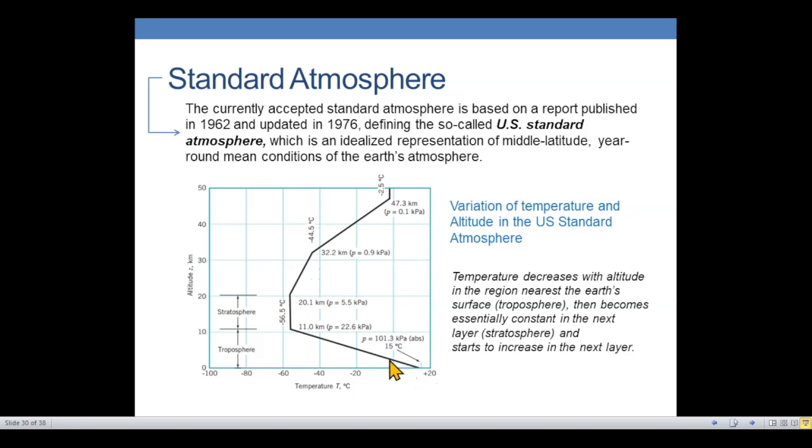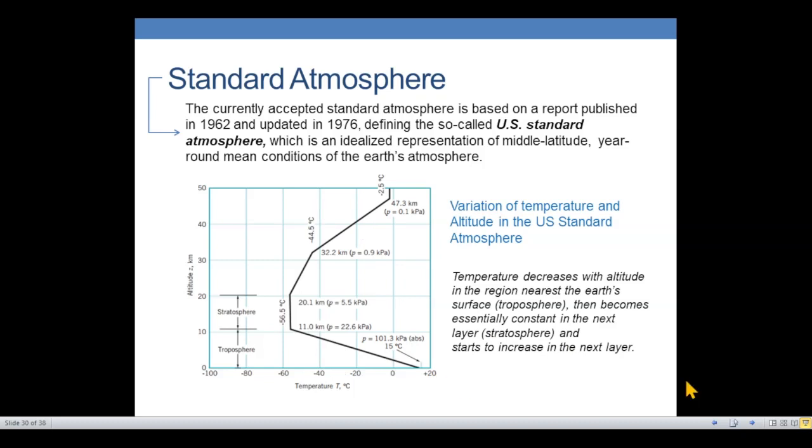At the stratosphere, it remains constant, and as it moves from 20 kilometers upward, the temperature starts to increase gradually. All right, so that is the behavior of our atmosphere. Let's proceed.